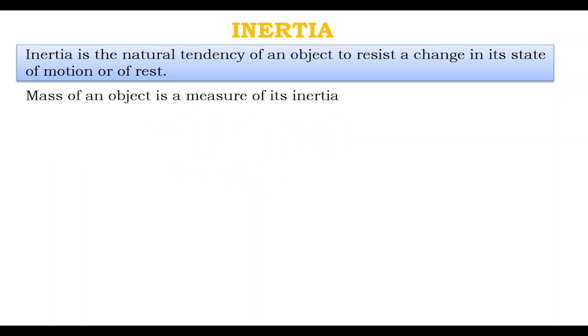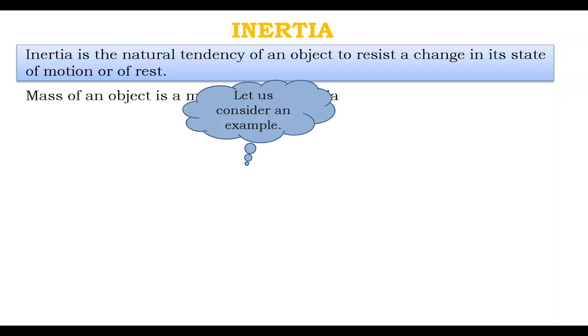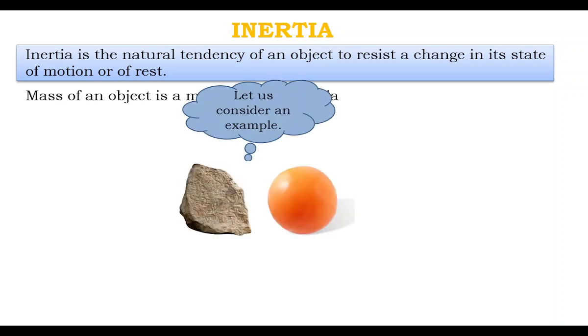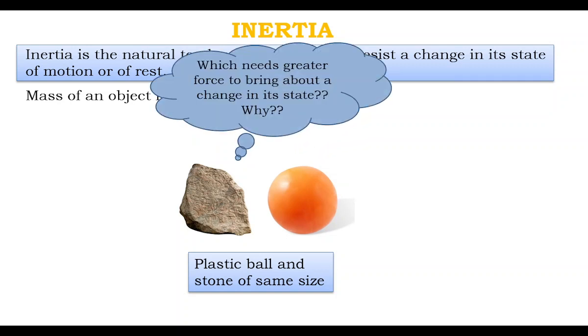In another word, we can say the mass of an object is a measure of inertia. How? Greater the mass, greater is inertia. You will better understand by looking on the screen now. Here we have two objects, right? One is plastic ball, another is stone of same size. Now if I want to move or change their state, in which case I will be needing greater force.